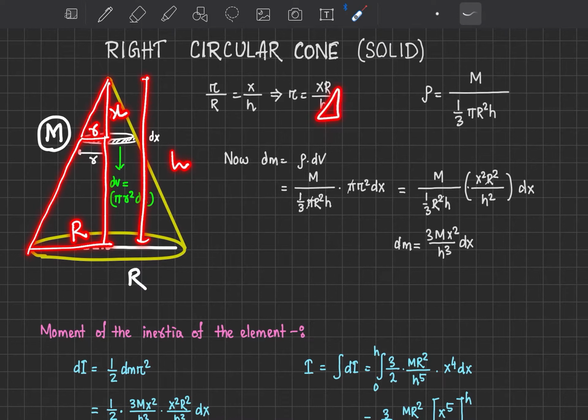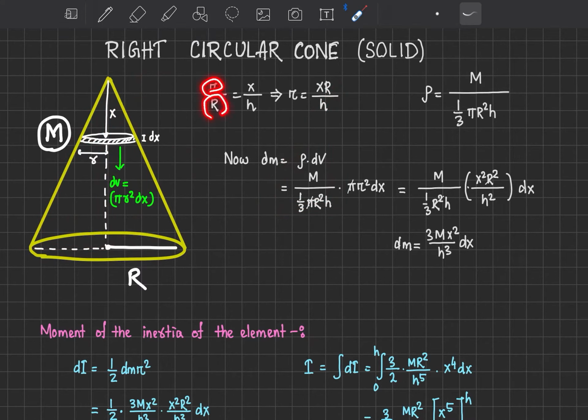Now we can apply the similar triangle principle for these two, and write small r by capital R equals x by h, where x is this and the total is h. From there we get r equals x into R by h.